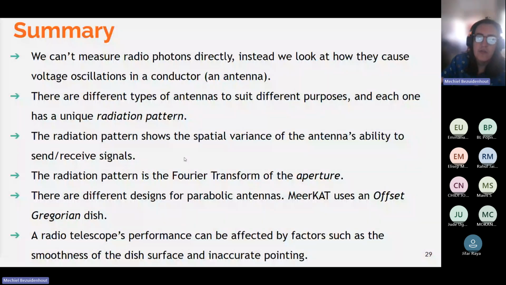So we use many different telescopes put together to make one big telescope. And then the Fourier transform of that aperture gives us the beam of the collected telescope. So just make sure that you understand that concept before next time.